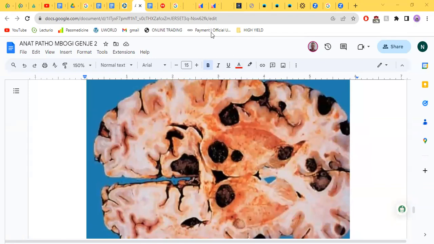Now, metastatic melanoma. Yes. So how did we come up with metastatic melanoma? I think that's correct. We go with metastatic melanoma.